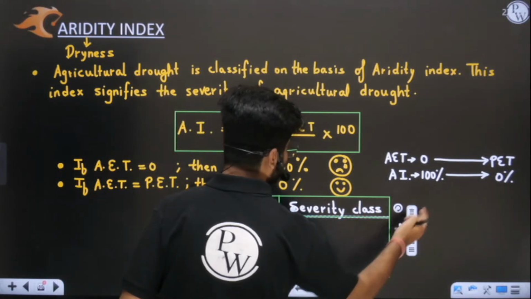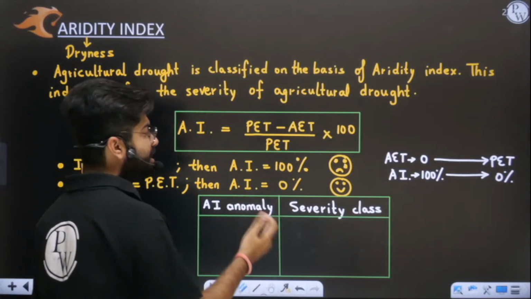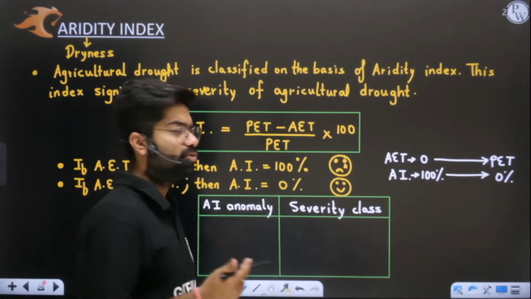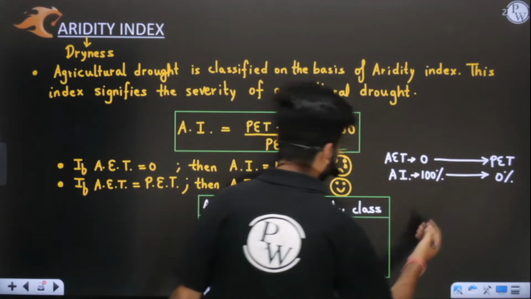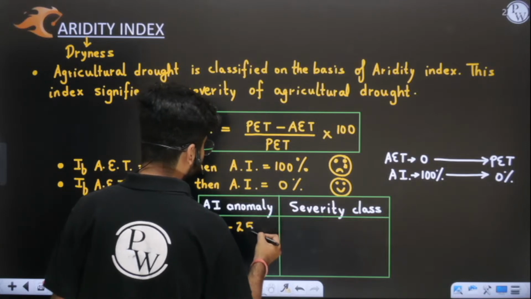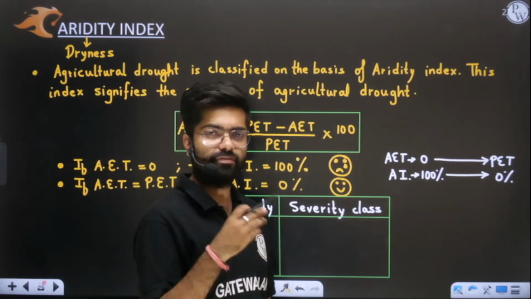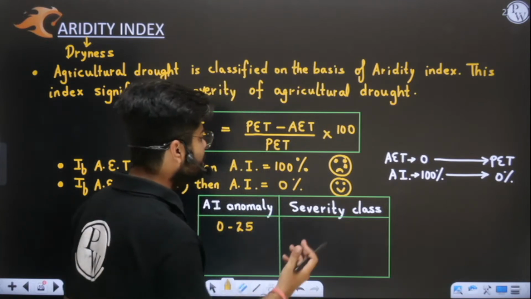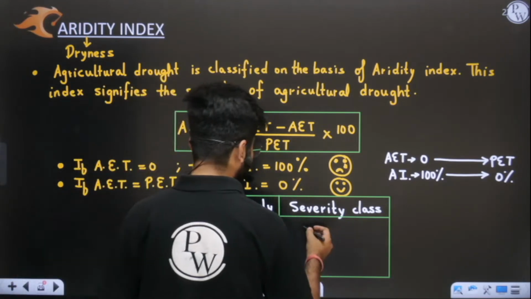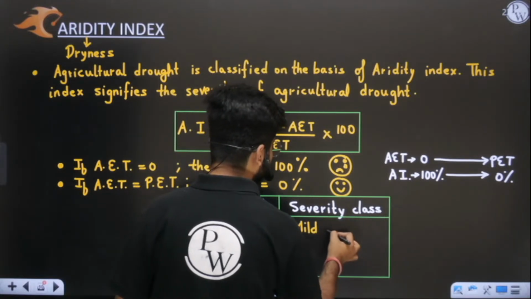I told you it can vary from 0 to 100%. Now if aridity index is not very high, somewhere near 0, let us say from 0 to 25%, then I will say, sir, no problem, little dryness is there, mild arid. Arid means dry.